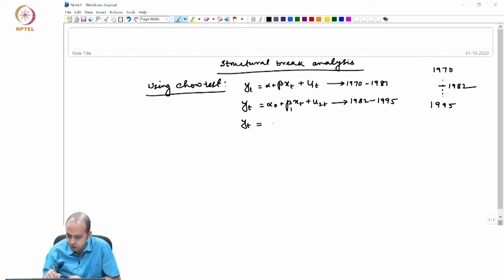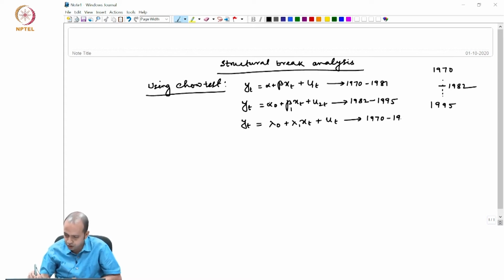And the restricted model was Yt equals some lambda 0 plus lambda 1 Xt plus ut. This is for the entire period 1970 to 1995. Okay.